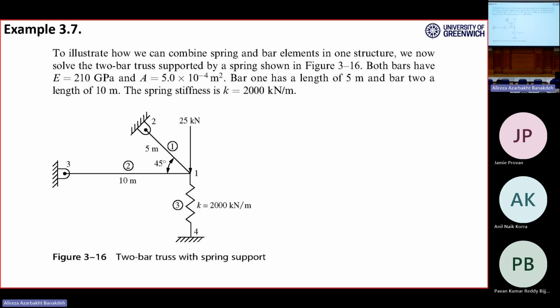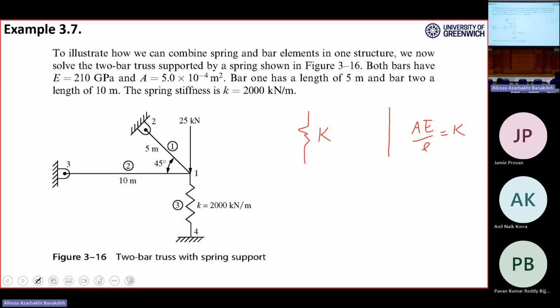So, shall we continue? When you have a spring in your example, whatever example it is, a spring means like a bar element. This spring with K as a constant is exactly like a bar element which has AE over L equal to K. Exactly.